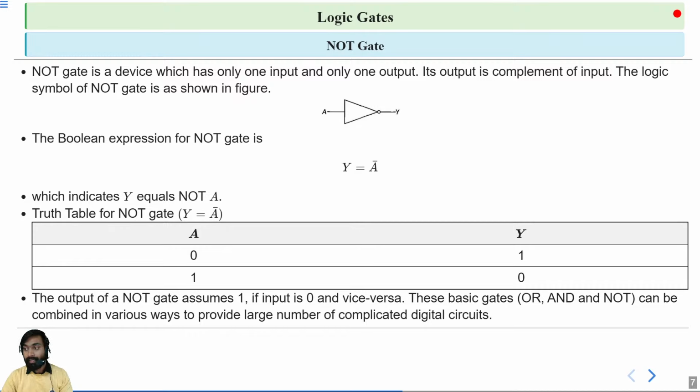For example, it helps implement logic functions where certain conditions need to be negated or turned off. Together, the basic gates AND, OR and NOT can be combined to build virtually any digital system, from simple switches to complex processors.